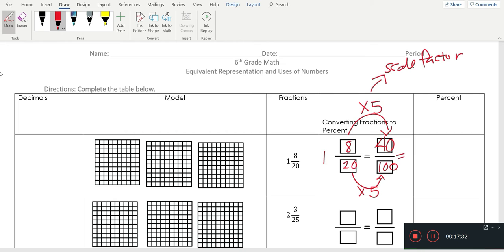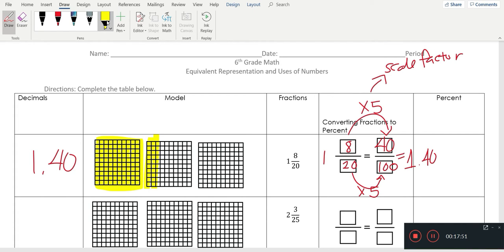So therefore that's equal to what? 1 whole and 40 hundredths. So I will write here 1 whole and 40%. And I will make shading here. That's going to be 1 whole and also 40%.